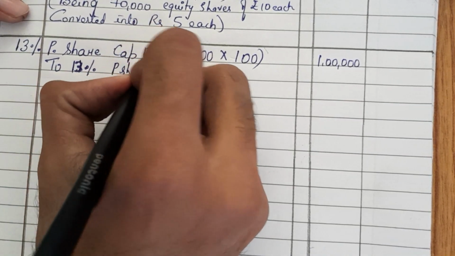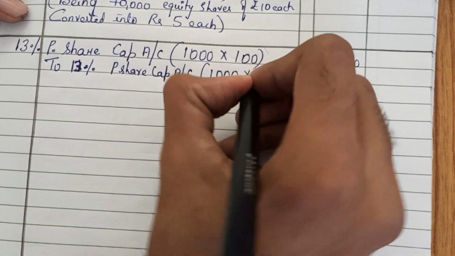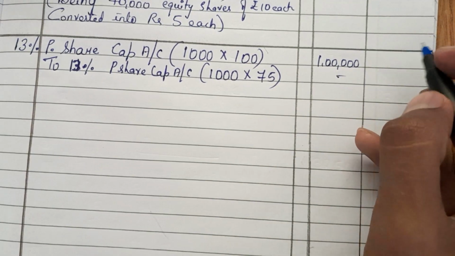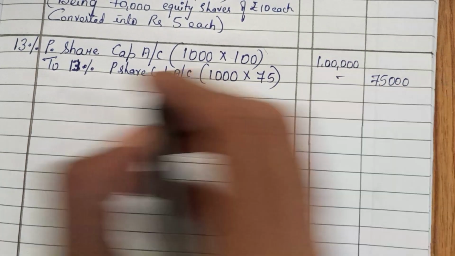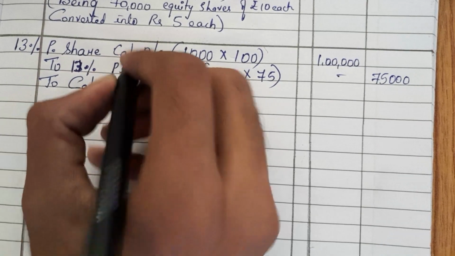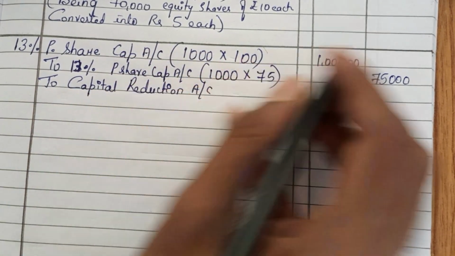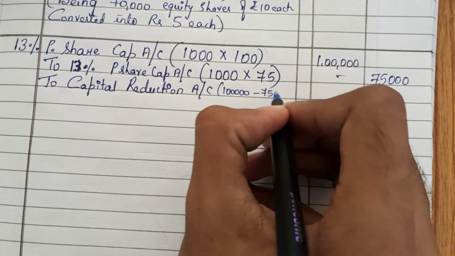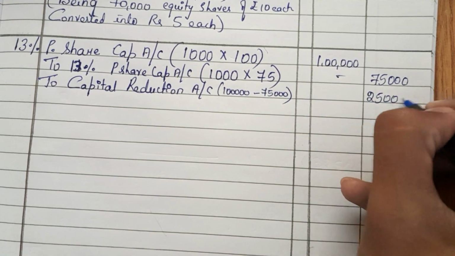preference share capital account. So now instead of 100 rupees, we are issuing it at 75 rupees. How much will it be then? It becomes 75,000. Whatever the balance is, we need to transfer it to capital reduction account. So 1 lakh minus 75,000 is nothing but 25,000.